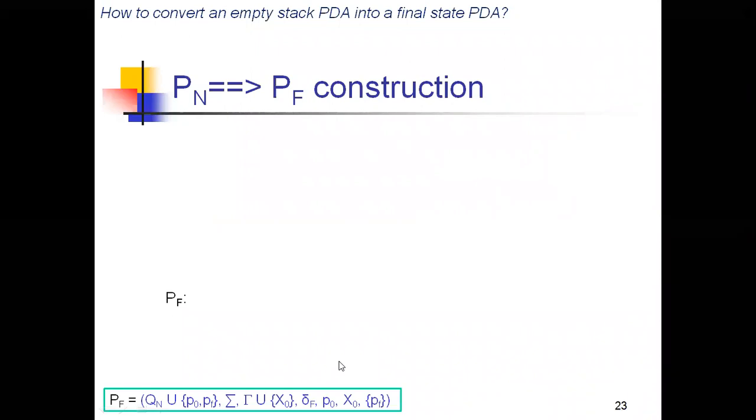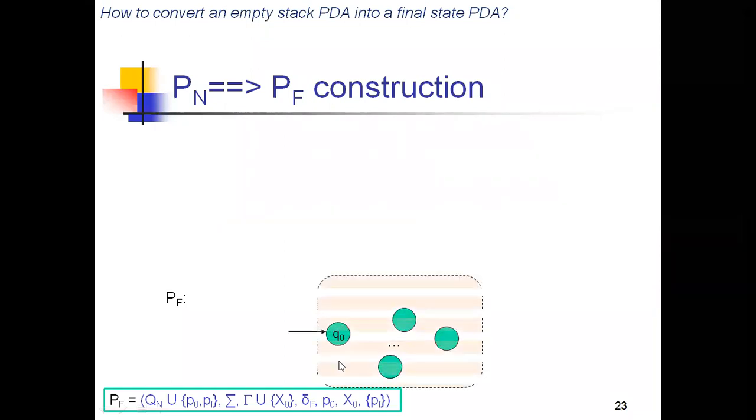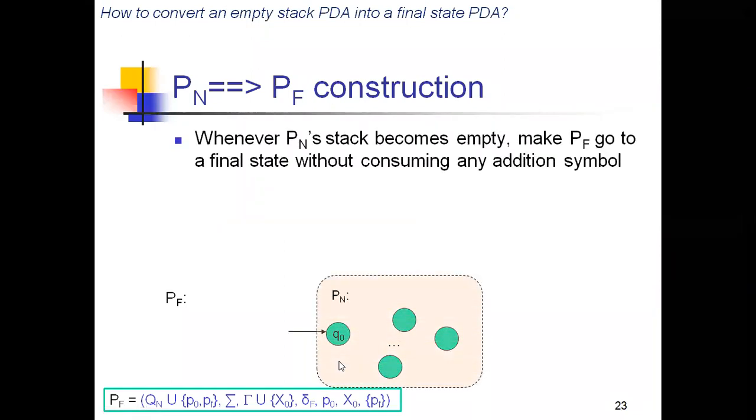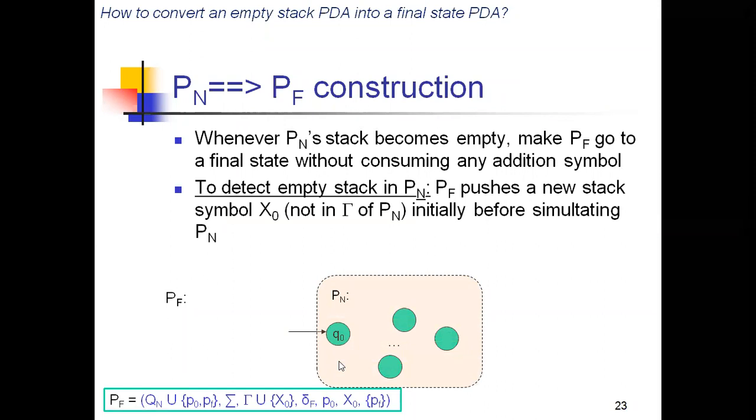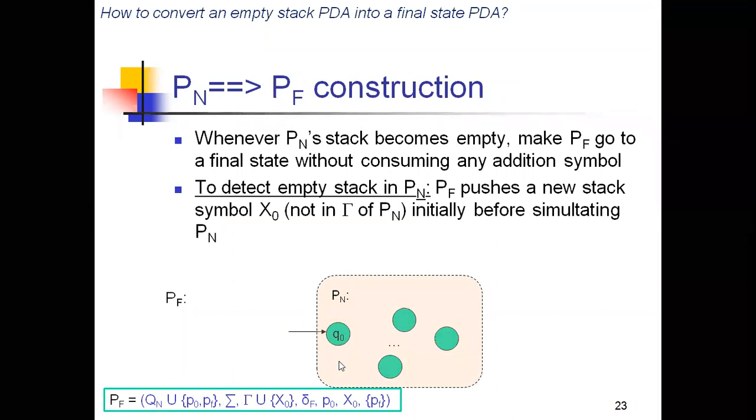And here we're having the construction for this, how to convert an empty stack PDA into a final state PDA. This is the construction procedure, PN to PF, that is, we're converting from empty to final, right? So whenever the PN's stack becomes empty, what we need to do is make it a PF, then we need to go to a final state without consuming any additional symbols.